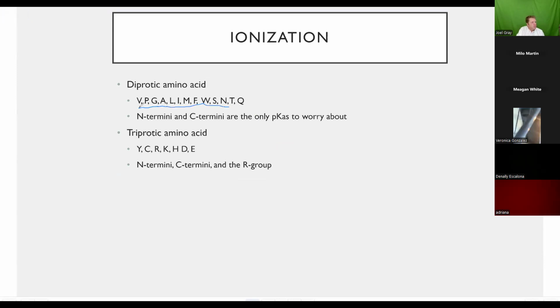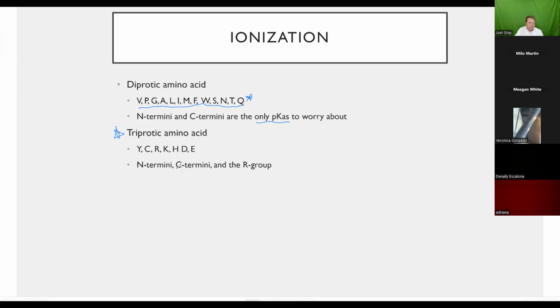The only pKa values, because your pKa value is what's very important for calculating an isoelectric point, because an isoelectric point is a pH measurement. All of these have only two pKa values. But then we've also got our triprotic amino acids.